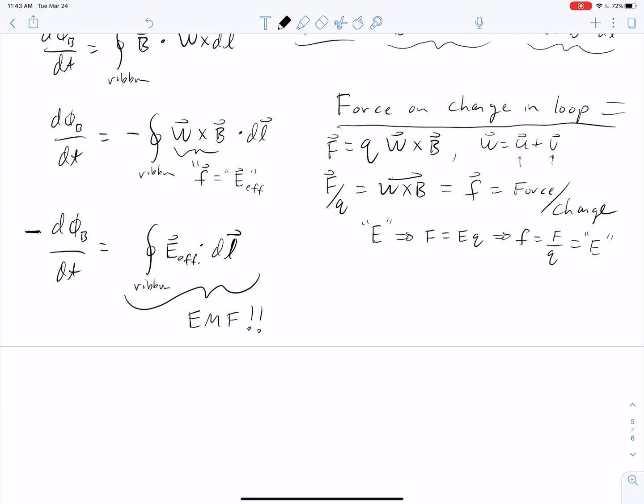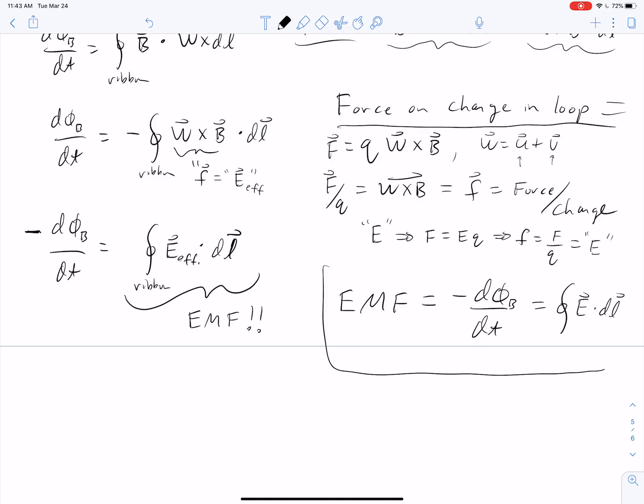And so what we have just derived is that EMF is equal to negative d phi dt, where EMF is defined as the integral of E dot dl over a loop. And that is what we have just derived, and that's a big deal.